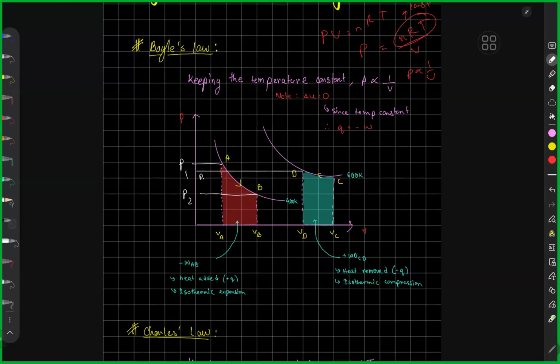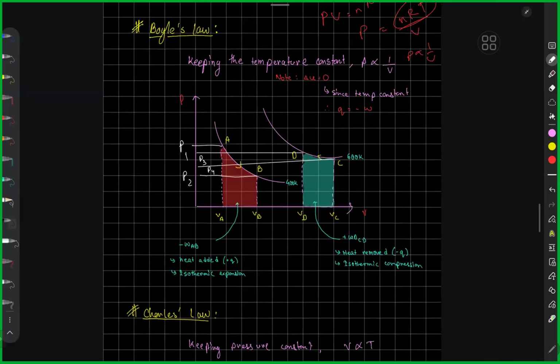I'll call this P3. And over here, there's a certain pressure. I'll call this P4. So notice that the product of P1 times VA is exactly equal to the product of P2 times VB. For the same graph, the product of pressure and volume is the same.